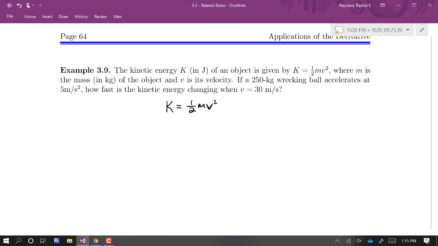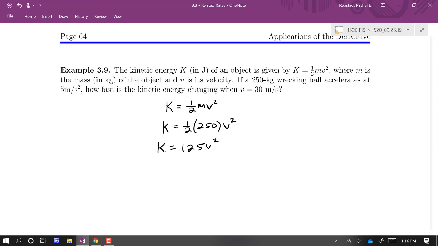So we can plug in the mass of 250 kilograms. So we get 125 v squared. Now we've boiled this down to an equation that relates 2 quantities, kinetic energy and velocity.